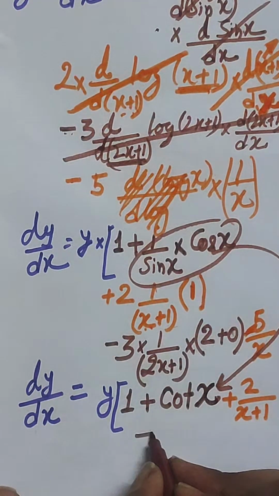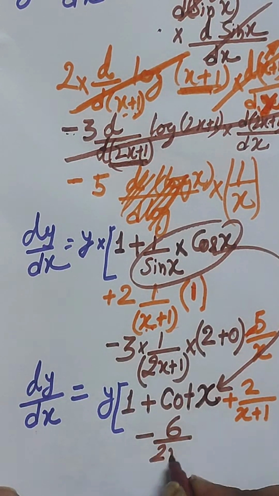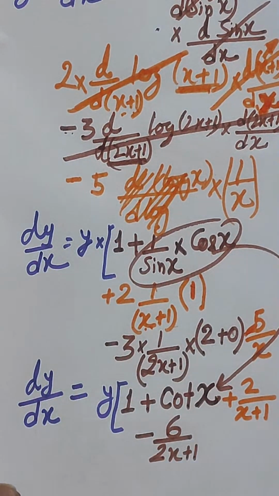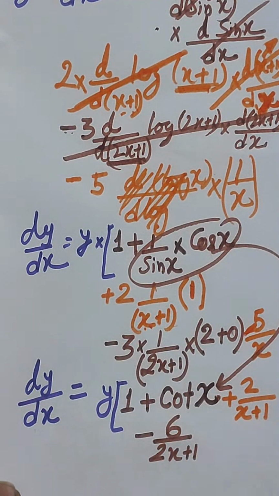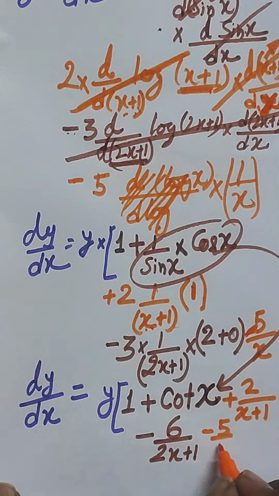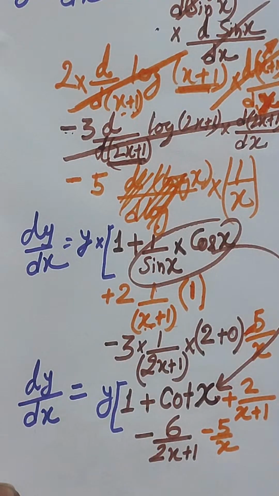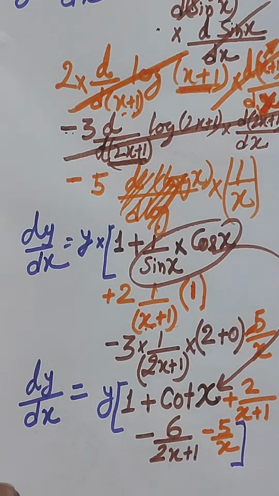So it will be minus 3 into 2 is 6 by 2x plus 1, right? And the last term is minus 5 by x, and the bracket is closing over here, right?